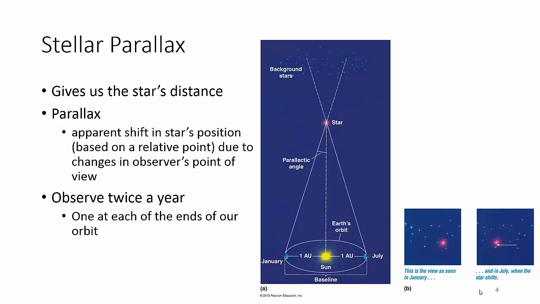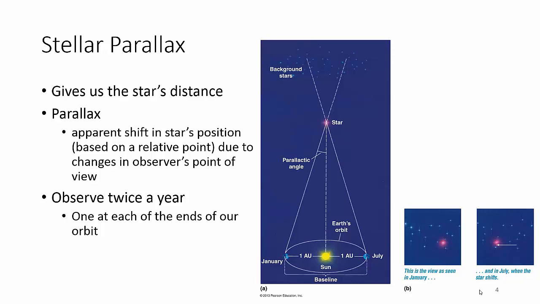Then we get to look out of both eyes. Well, in order to do that, we have to look at it six months apart. So January and July, or February and August, whatever it is, but six months apart. So you have to look at it twice a year, and you can see from the picture how it looks like it moves.